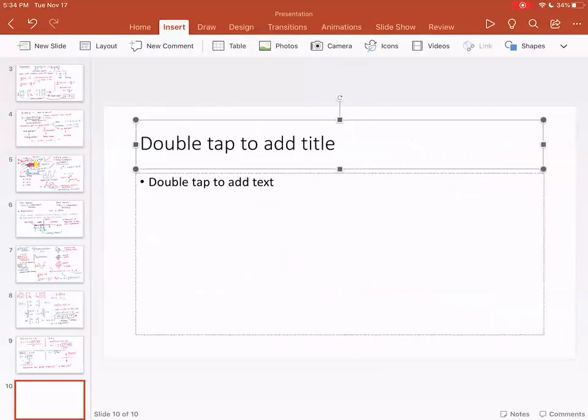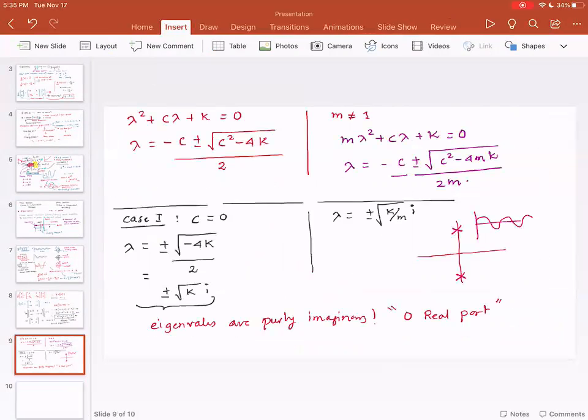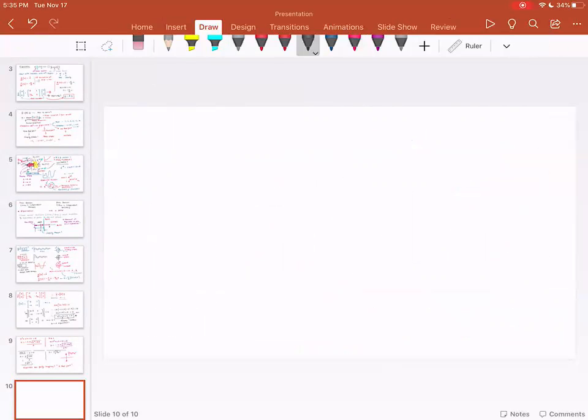Now let's look at the second case, case 2, positive damping, which means c is a positive number.